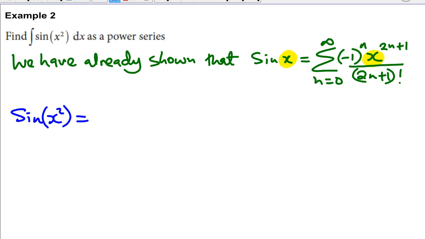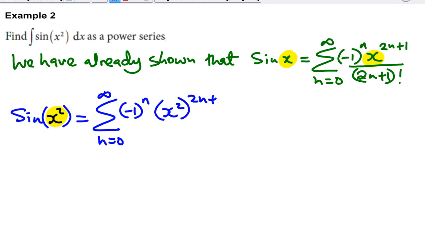will be equal to, now what I'm going to do is replace x with x squared in my previous series. So that will be from n equals 0 to infinity, negative 1 to the power n, and here I'll have x squared to the power 2n plus 1 over 2n plus 1 factorial.